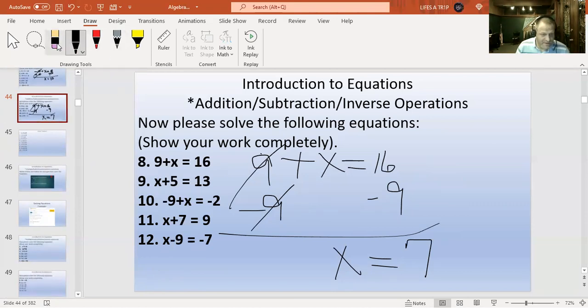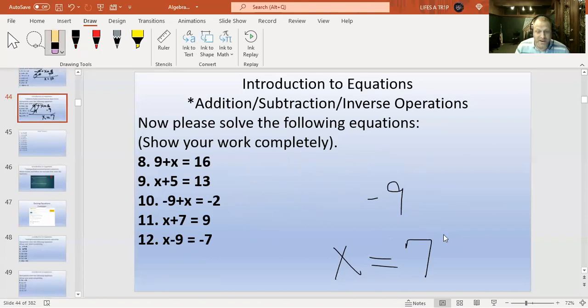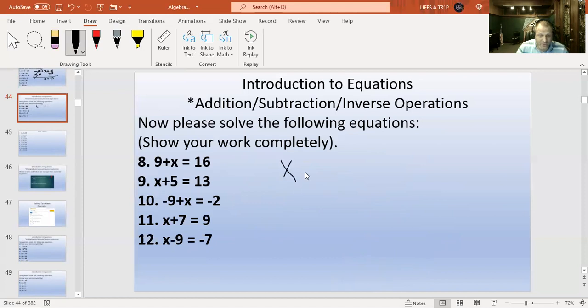Let's do number 9. I am taking a while to do this, guys, and explaining it very thoroughly, just because I know that this is the foundation of what we're going to be doing for the rest of your career in math.